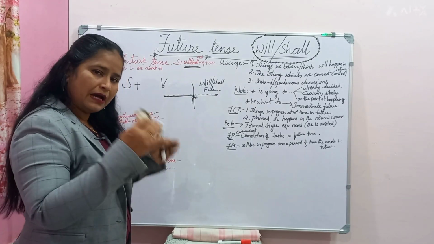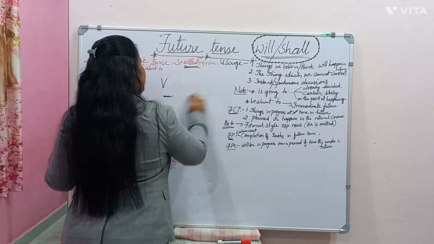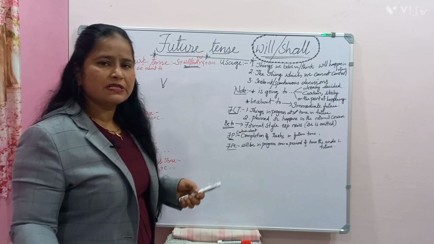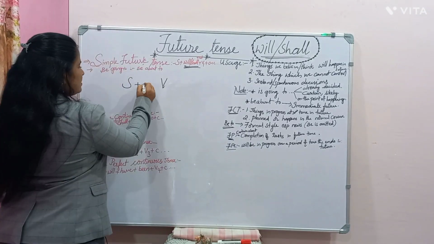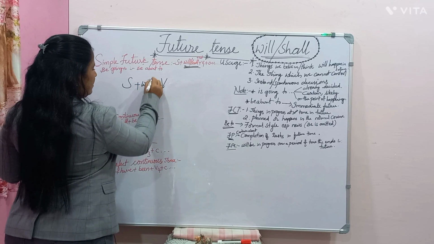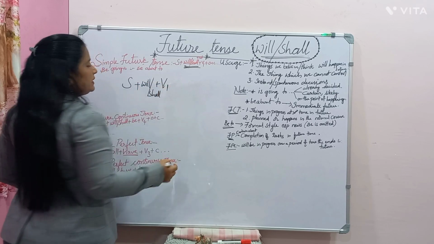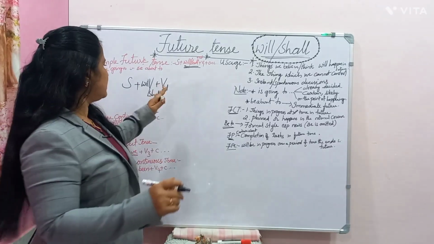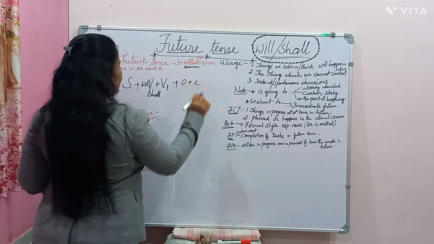Other than that, there are multiple ways of expressing, but here let us learn this one: subject and will or shall plus verb 1, and the rest of the sentence, object or complement.